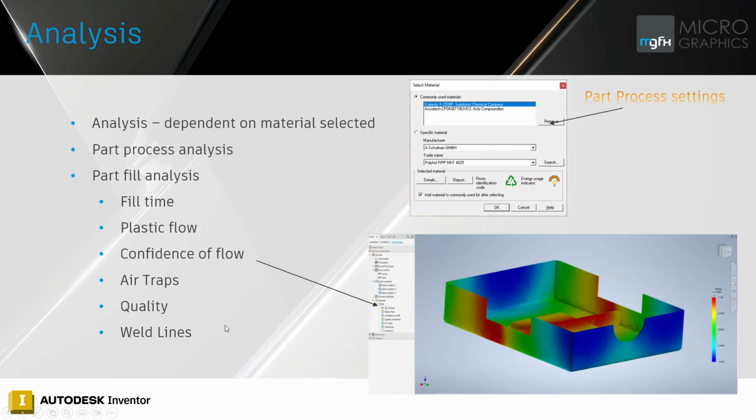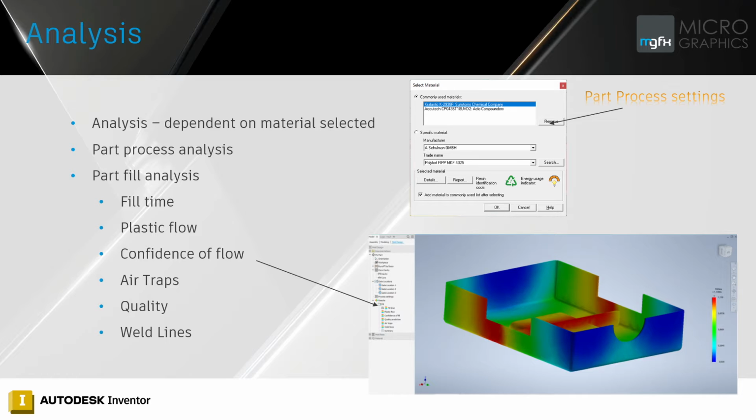The part flow analysis will show you the following. It will show you the fill time, very similar to something like FEA, where it shows you the heat map of the maximum stresses. Under each subcategory, fill time, plastic flow, confidence of flow, it will show you a heat map of the highest and lowest areas. For example, in the picture I have included the fill time in the graphic window.